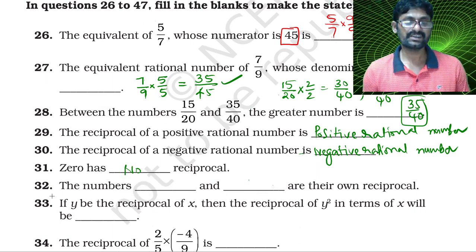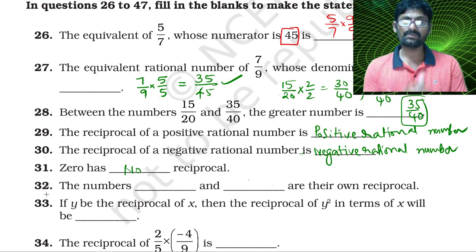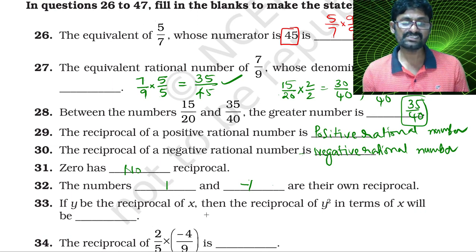Next, 32nd one. The numbers dash and dash are their own reciprocal. That means we have two numbers for which the reciprocal is the number itself again. One is 1 and the other one is negative 1. If you take 1, the reciprocal of 1 is 1 by 1, which means 1 again.